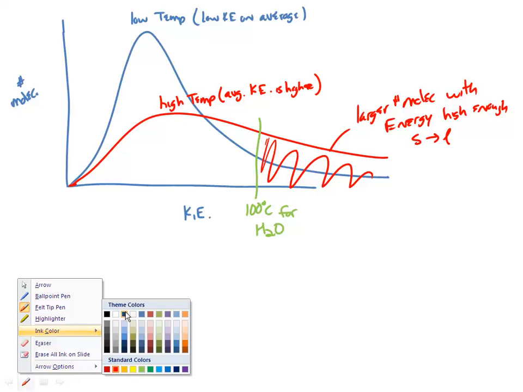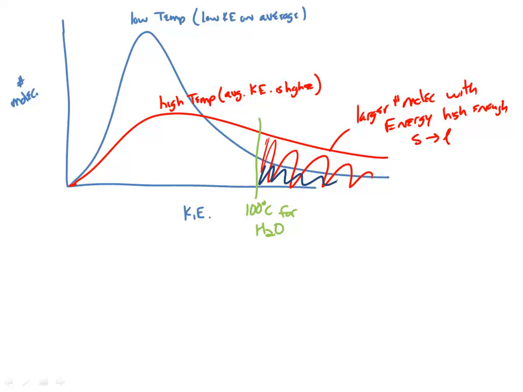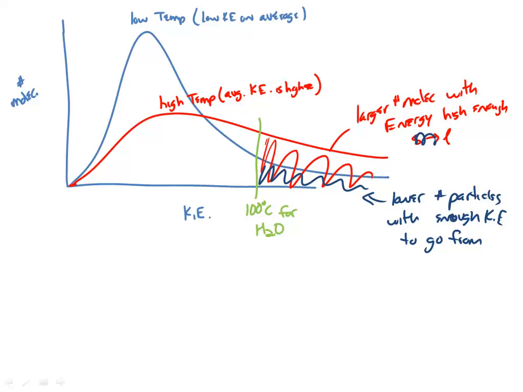Whereas at low temperatures, that's just the blue part, there's a lower number of particles with enough kinetic energy to go from, sorry, not solid to liquid, I meant liquid to gas, since that's what we're talking about, evaporation, from liquid to gas here also. So basically at any given temperature, some particles have that ability to evaporate.